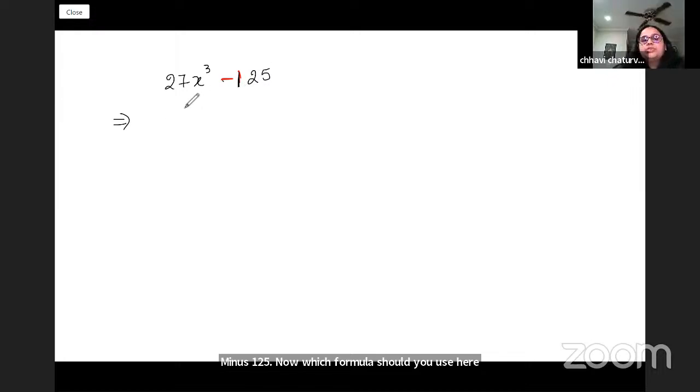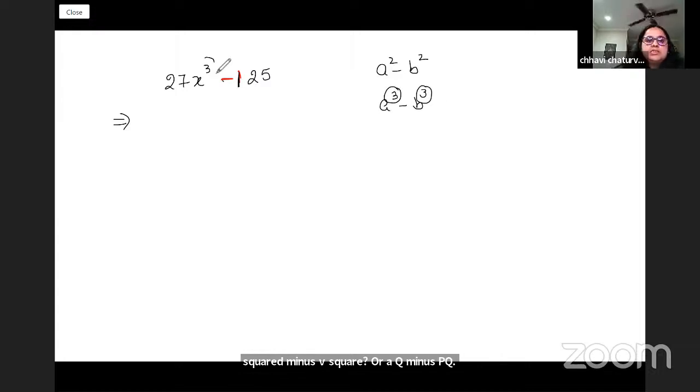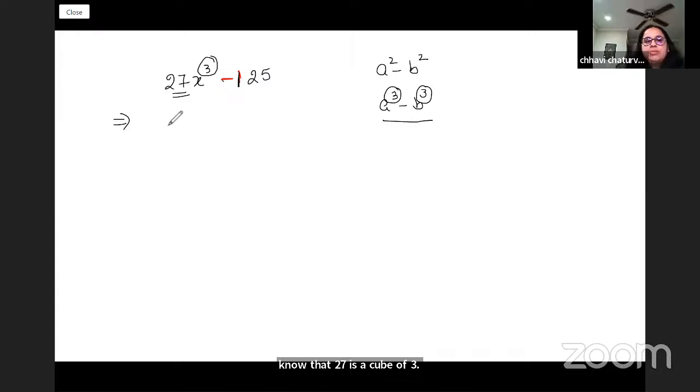Should you use a squared minus b squared or a cubed minus b cubed? Make sure you look at the exponents. This is 3, and I know that 27 is the cube of 3. So we have to use a cubic formula: (3x) cubed minus 5 cubed.